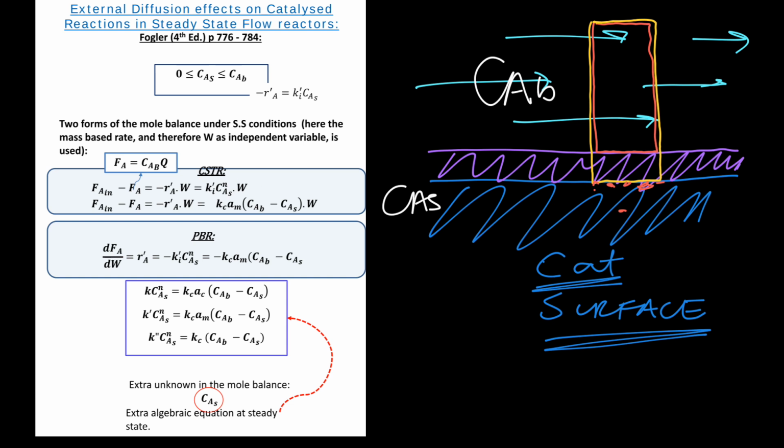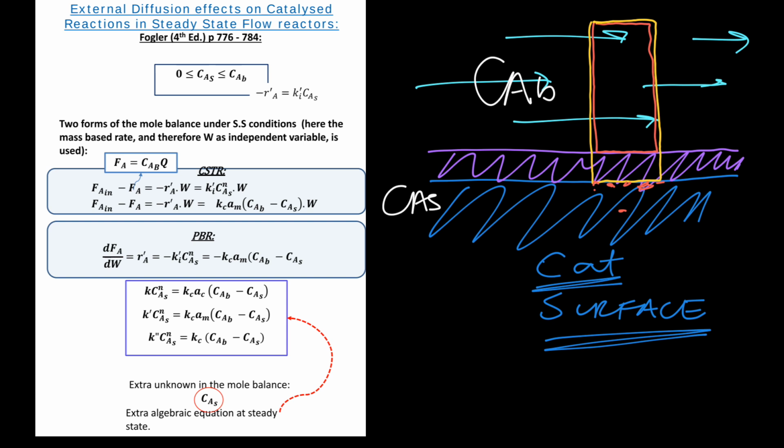So here it is my traditional mole balance that we always wrote for the CSTR, the mass-based one, therefore the Ki dash, except that in my rate equation for this nth order reaction, I must now substitute the surface concentration and not the bulk phase concentration, because that is the concentration that's relevant and that is exposed to the catalytically active sites where it can react.